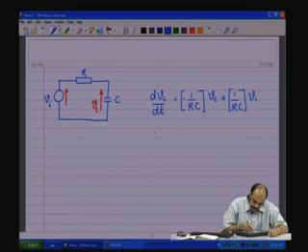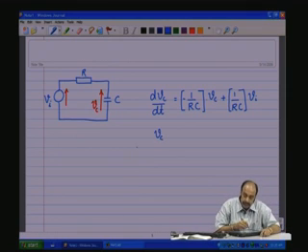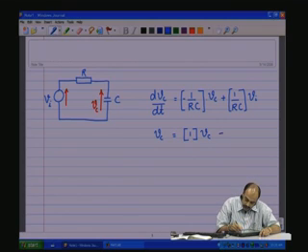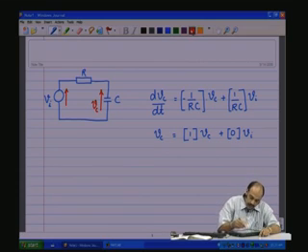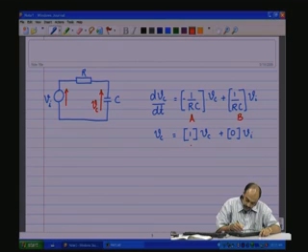So, for now let us say Vc is the output voltage, the voltage across the capacitor that you want to see, and this is obtained like that, and there is no D matrix, which is basically 0. So, we have to feed in the A matrix, the B matrix, the C matrix and the D matrix.